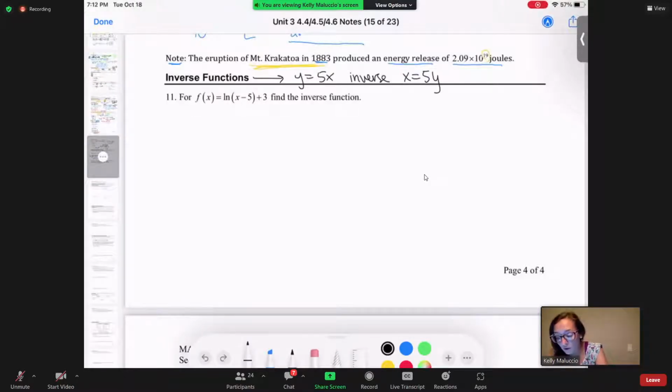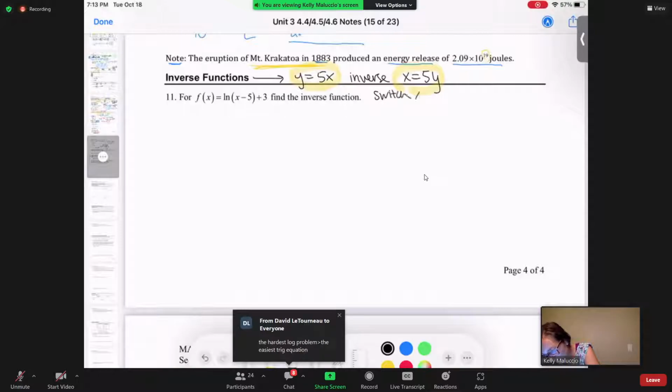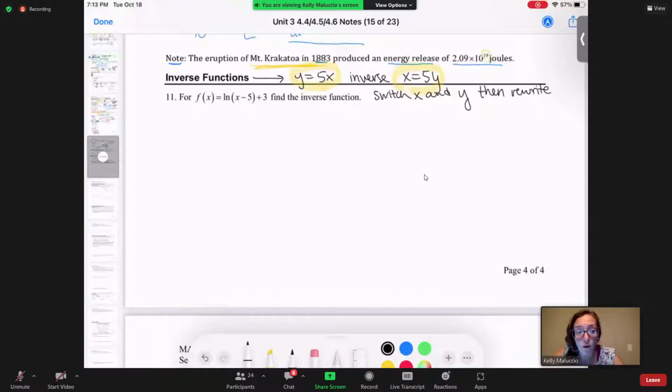But what we're going to do is this exact process that I was just explaining, this simple process of switching x and y. Then instead of solve, I mean, it's still solving, but then we rewrite and we use the exponential form and change it from a log, or we use log form, but rewrite it.